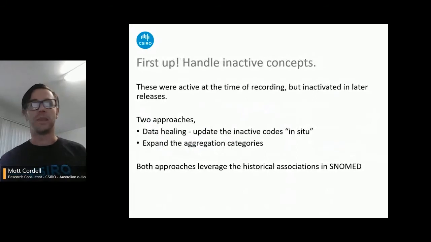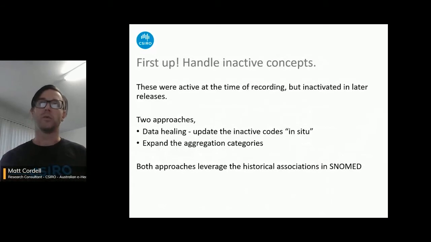So first up, we'll handle the inactive concepts. These were concepts that were active at the time of recording them, but they've been inactivated in later releases. But we still want to aggregate them and have them counted within our categories over time. So there's 2 approaches. We've got a data healing approach, which I describe as updating the codes in situ.